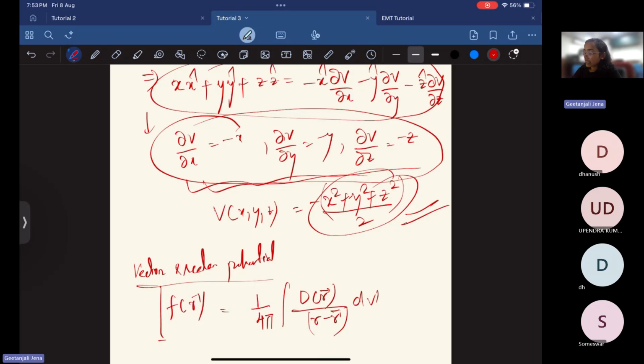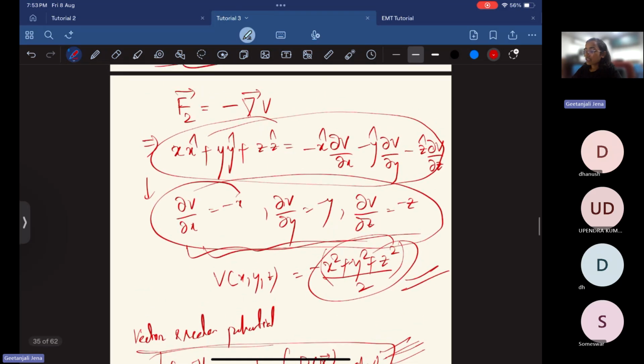But let's keep it for the case where the function is really complicated, so you can't guess it. In that case, you just use this formulation. But if it is easy, like you can easily guess, then try to use this process. Just compare component wise, then find out the formula for this.